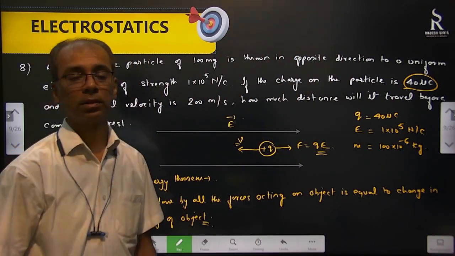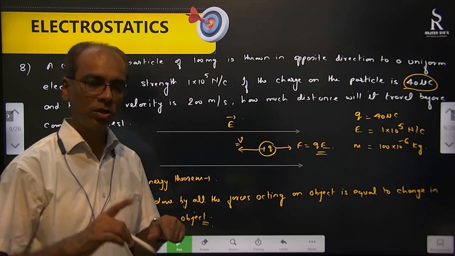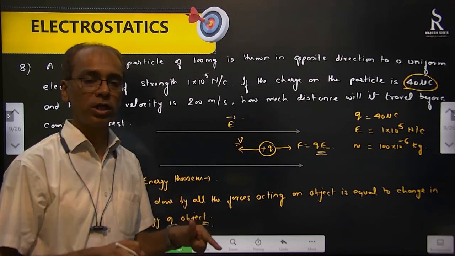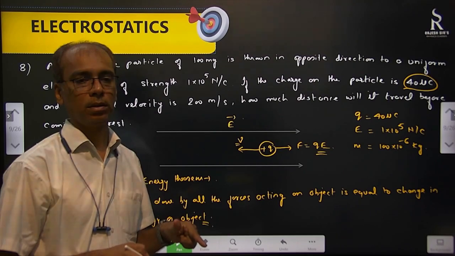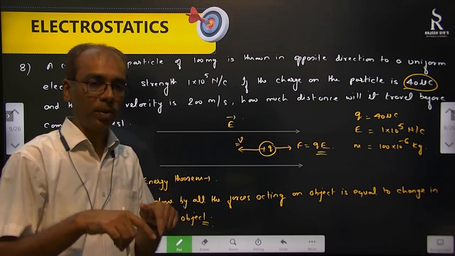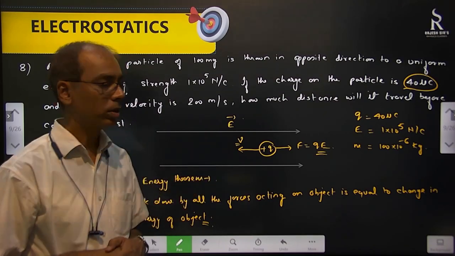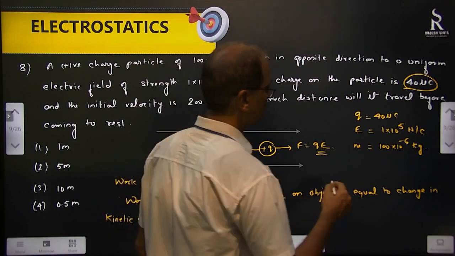Milligram means 10 to the power minus 6 kg. 1 gram is 10 to the power minus 3 kg, and milli also means 10 to the power minus 3, so it becomes 10 to the power minus 6 kg. Then velocity is also given, 200 meter per second.